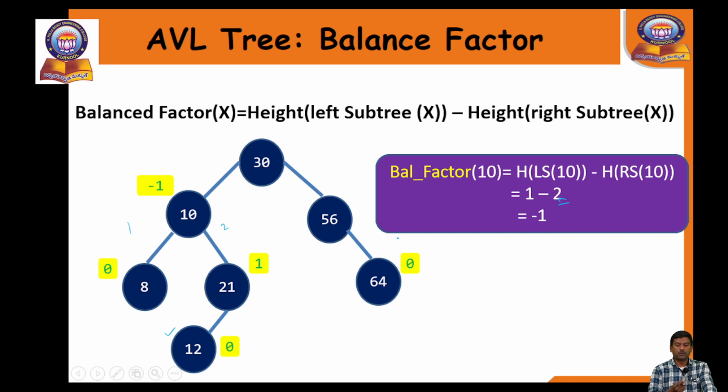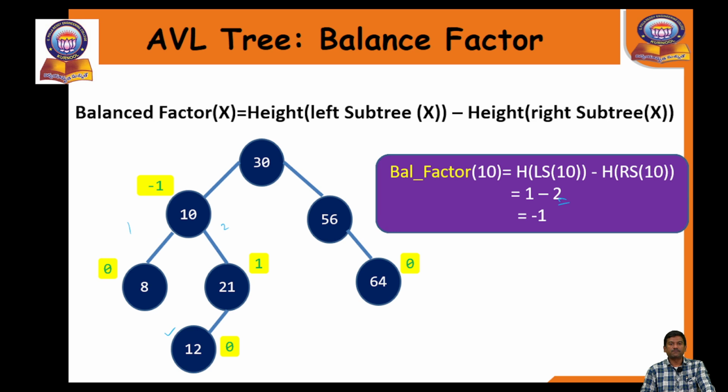So for node 10, the balance factor is equal to minus 1. If you recall, what are the possible values of the balance factor in an AVL tree? It can be either minus 1, or 0, or 1. So the property is being satisfied in all cases up to now. We got the values 0, 1 and minus 1. These are the allowable values of the balance factor.